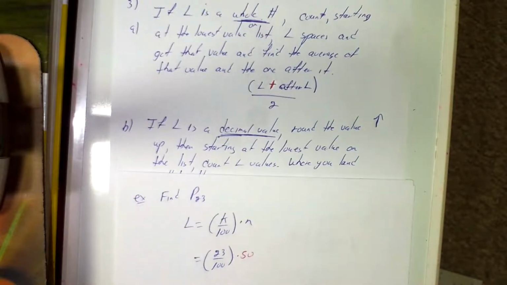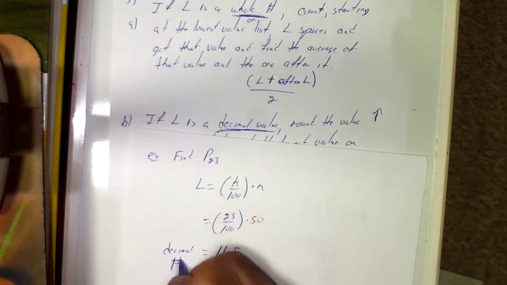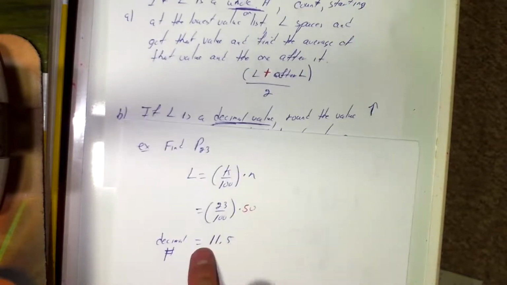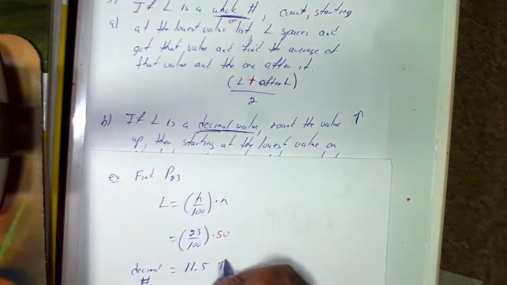I compute it and get 11.5. This is a decimal number, which tells me I have to round up. So I round it up, and that gives me 12.